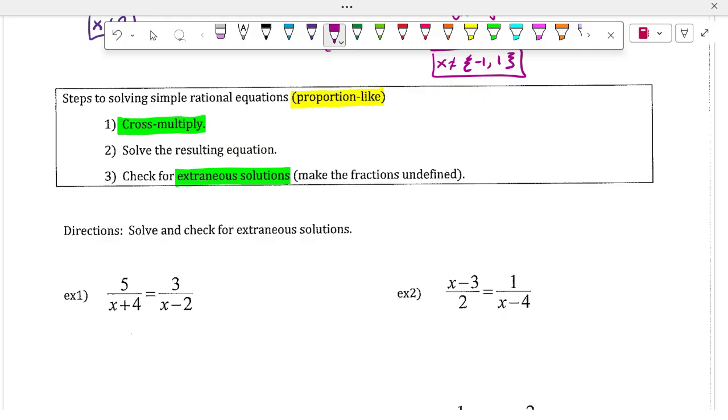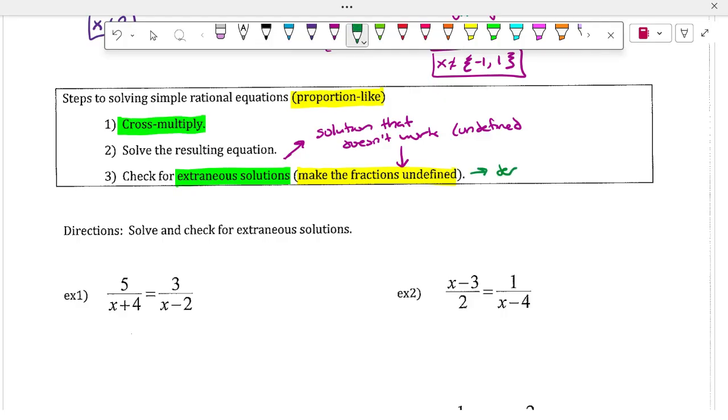So we talked about this with radical equations. What does extraneous solution mean? It's a solution that doesn't work. In this case, it would make it undefined. So, in other words, more often than not, an extraneous solution will give you 0 in the denominator.